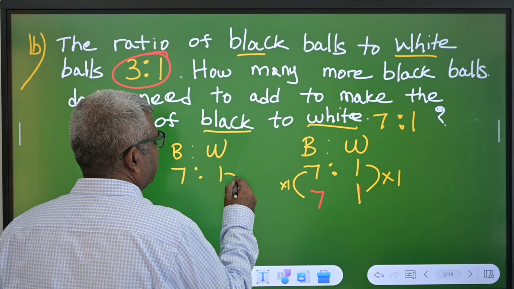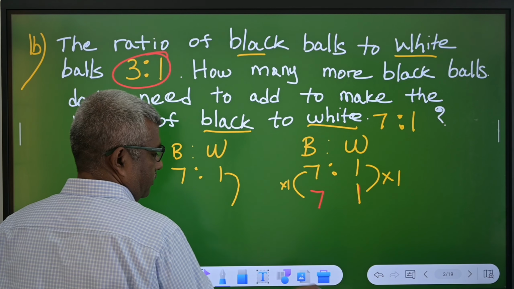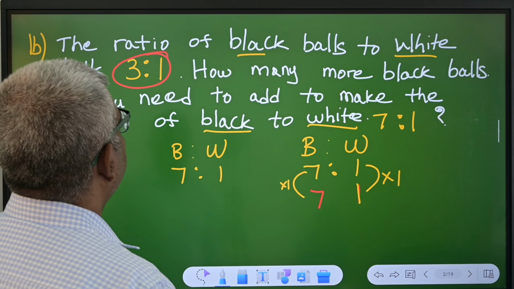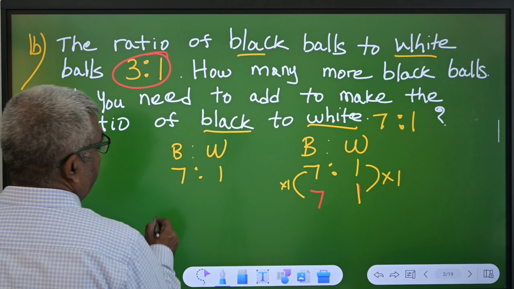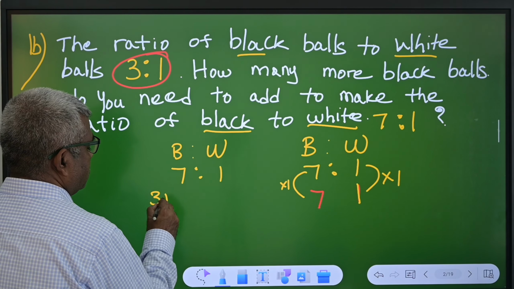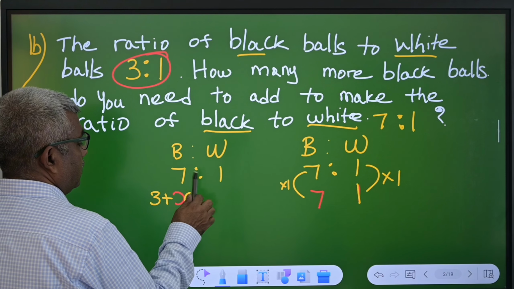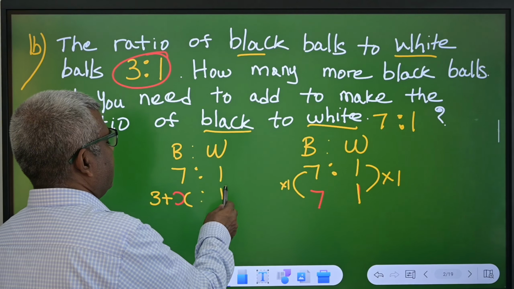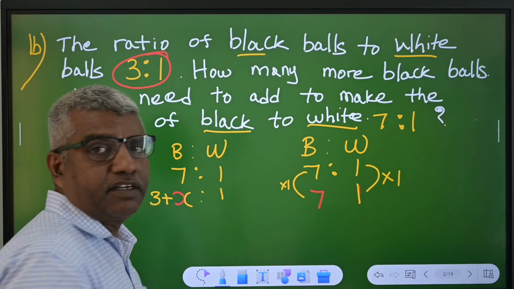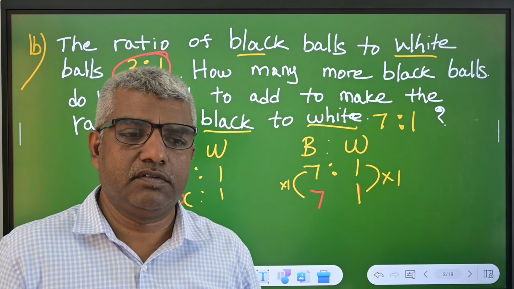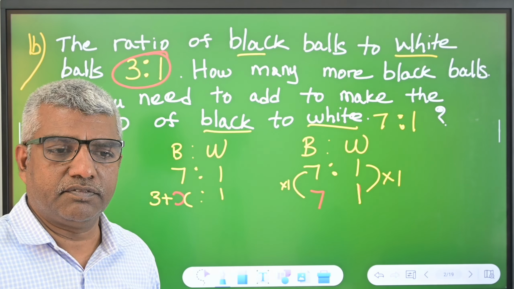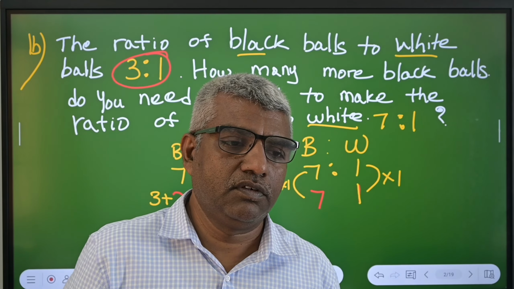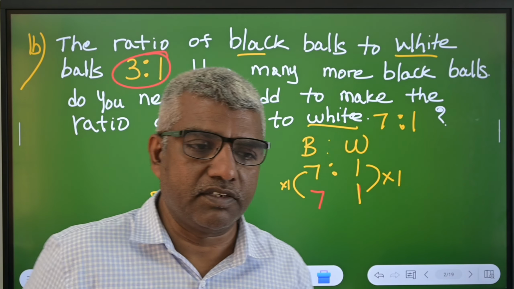So here what to do? Here we are not doing like this. Here 3 plus x is to 1. This one is irrelevant. Now what to compare? What is our goal? To find how many more black balls.